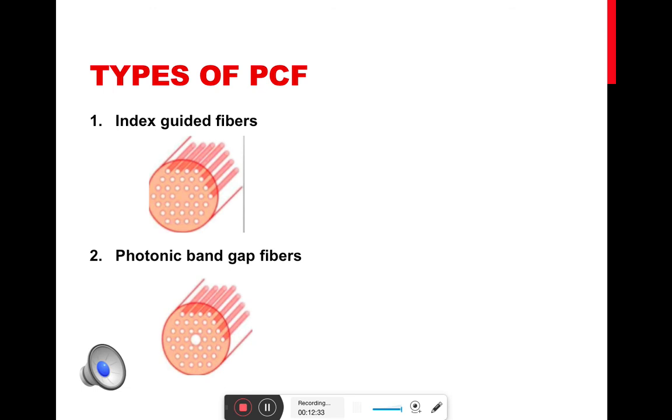Okay, so in photonic crystal fiber, the light is propagated depending upon the lattice structure, the placement of air holes. Depending upon the structure and the periodicity of the object, the light is propagated inside a photonic crystal fiber rather than using total internal reflection, where the core and the cladding refractive index play a major role. Okay.